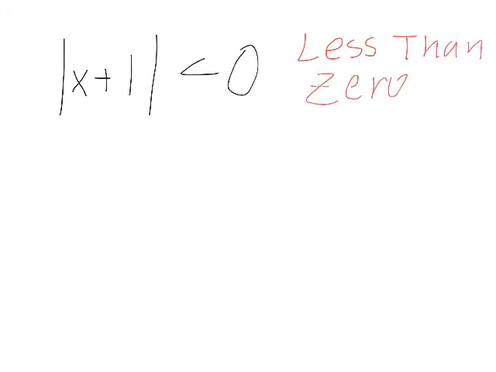What are numbers that are less than 0? They're negative, and we already know that absolute value cannot be a negative. So if you've got absolute value less than 0, that's also no solution. So there are 3 cases where you get no solution.